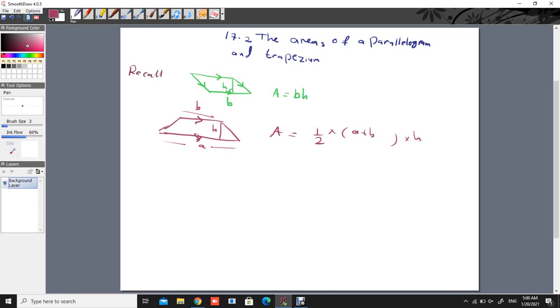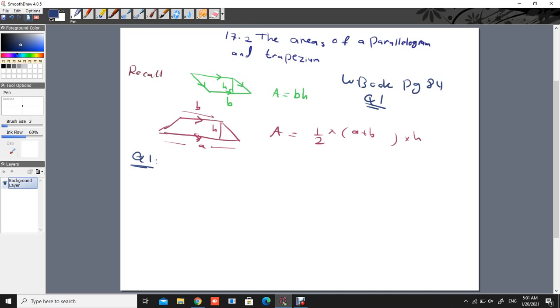Now all of you open your workbook, page 84 and page 85. Now question 1, let's start with question 1. Question 1, work out the area of each of these parallelograms.